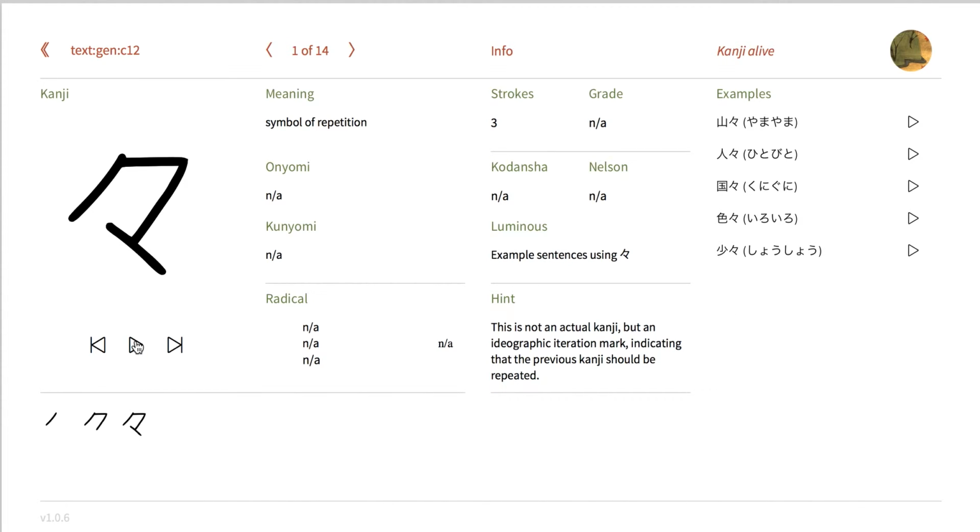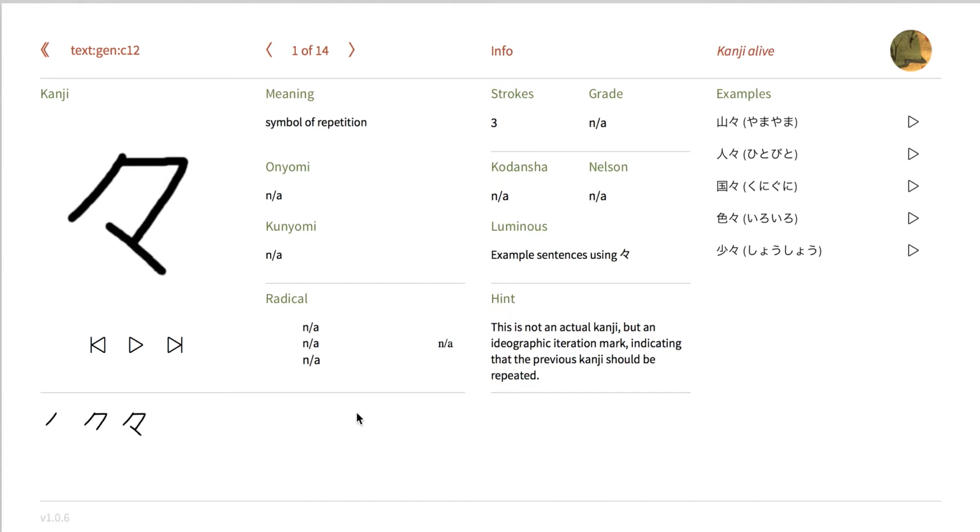It kind of looks like a missing katakana. It's almost like you're going to write a ku in katakana and then you change your mind and you write a ma instead. So what this means is you repeat the kanji that came before it.